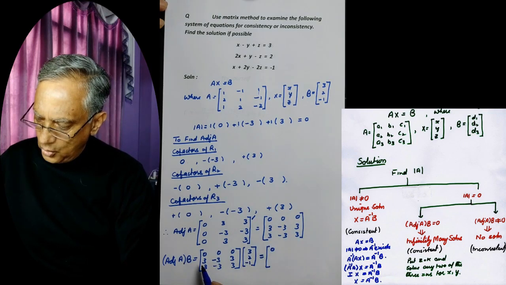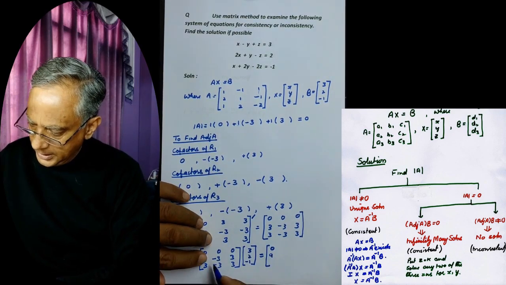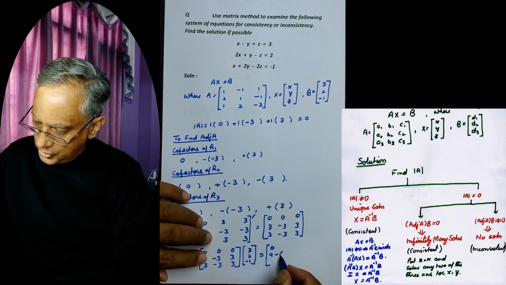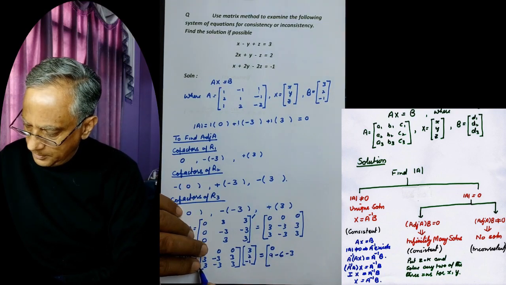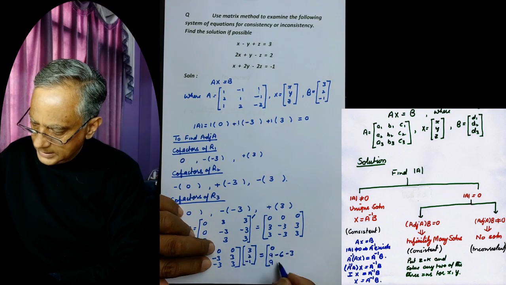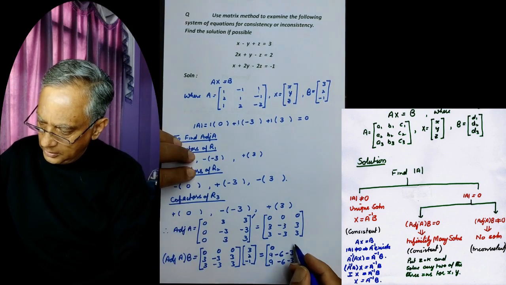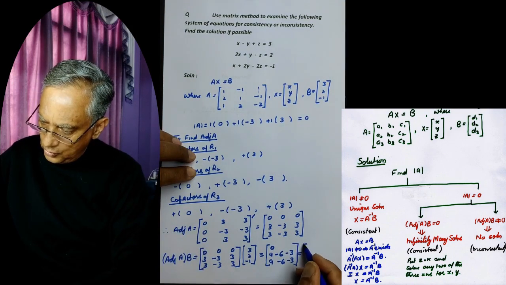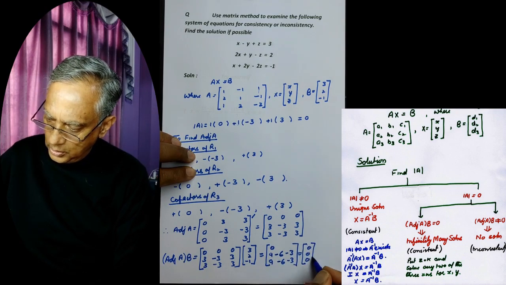This will be 0. Now this 3 3s are 9. 9 minus 6 minus 3. Next will be this into this. So this will be 9 minus 6 and minus 3. So this is equal to 0 0 0.